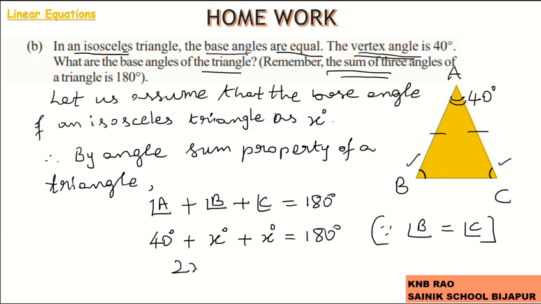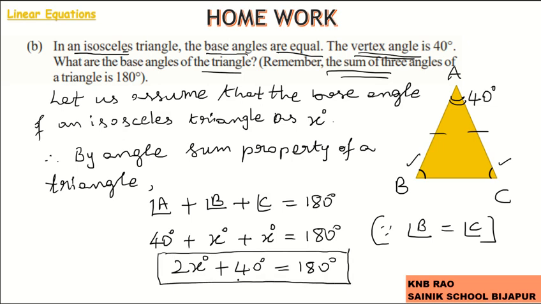So, x plus x gives you 2x degrees plus 40 degrees equals to 180 degrees. See children, this is establishing equation. The moment you establish equation properly, then it is easy to solve the application type of questions.